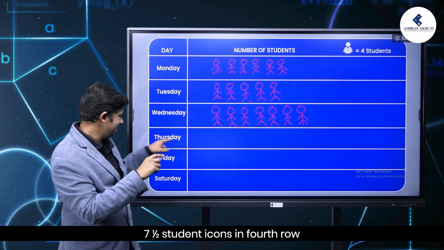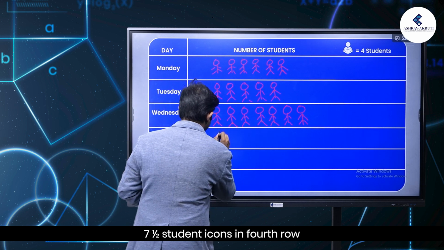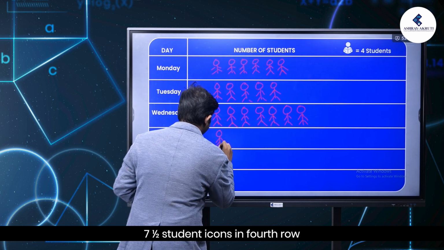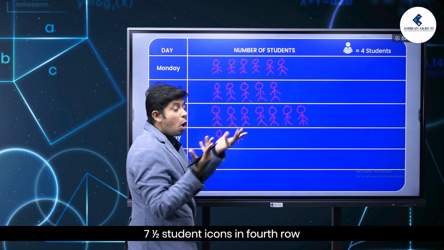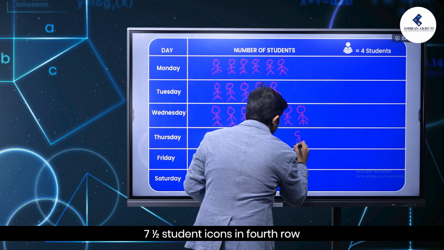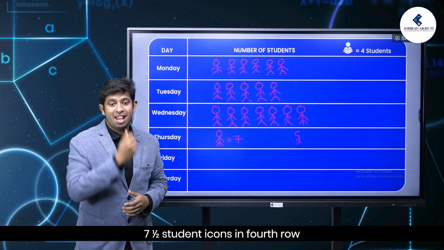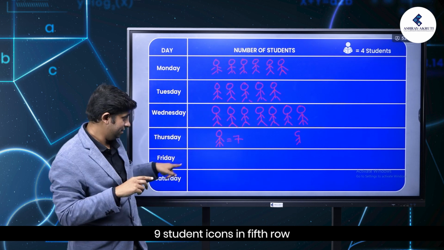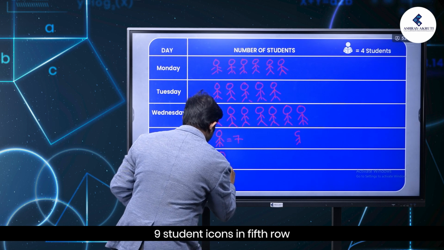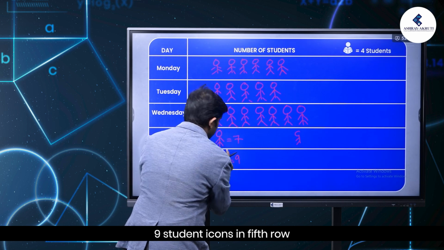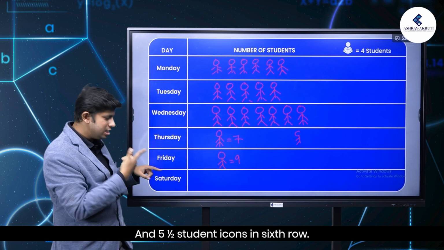Seven and a half student icons in the fourth row. Nine student icons in the fifth row. And 5.5 student icons in the sixth row.